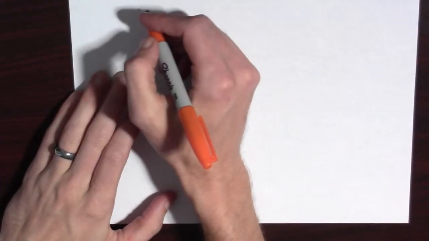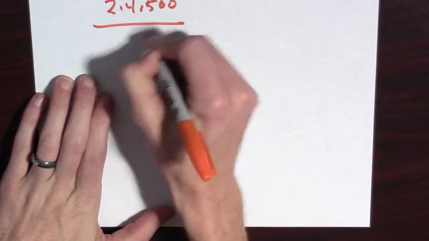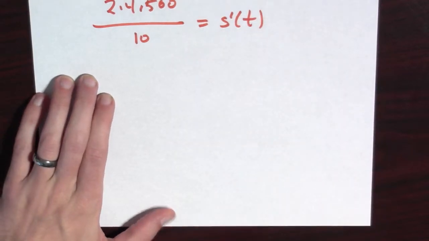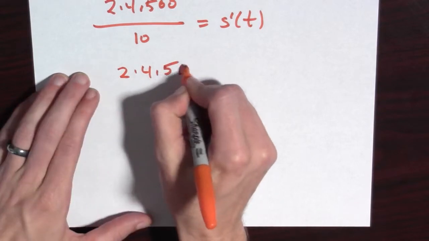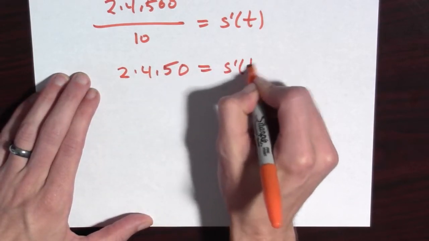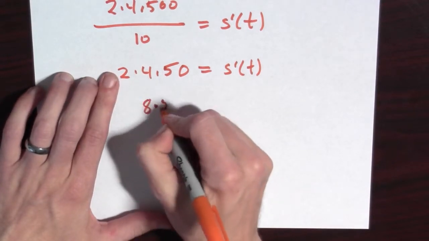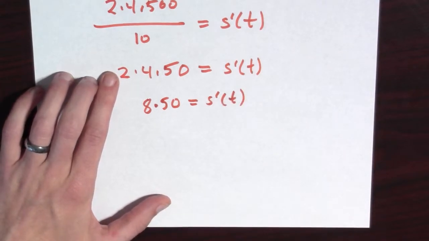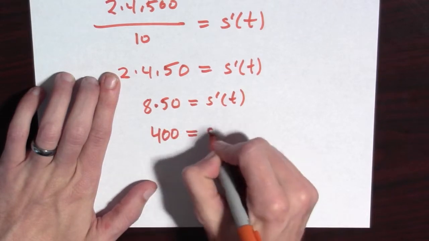We can simplify this a little bit: 2 times 4 times 500 divided by 10 is 2 times 4 times 50, which is equal to S prime of t. 2 times 4 is 8, and 8 times 50 is equal to S prime of t. 8 times 5 is 40, times 10 is 400.